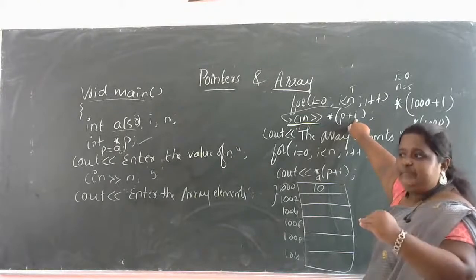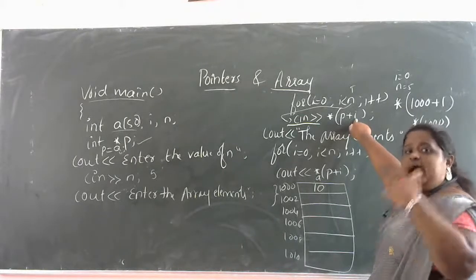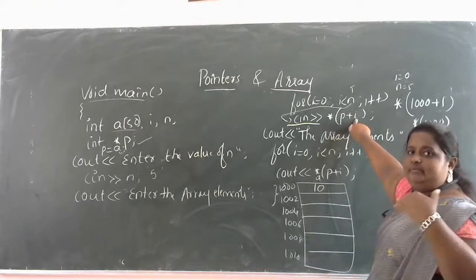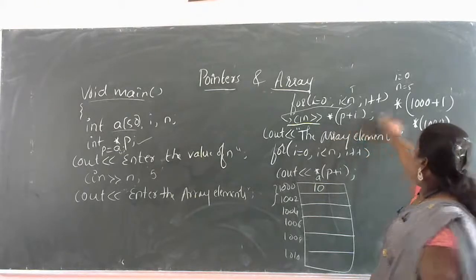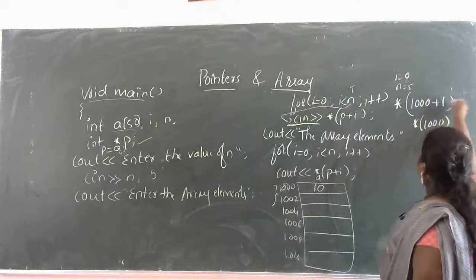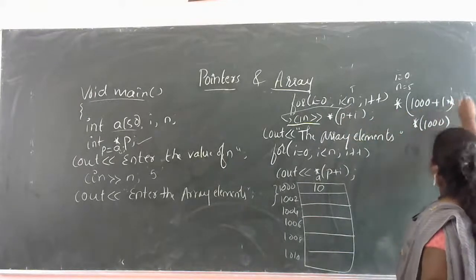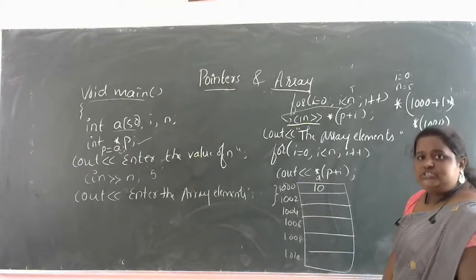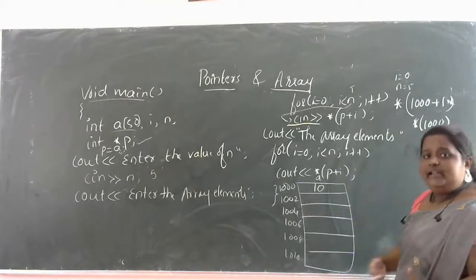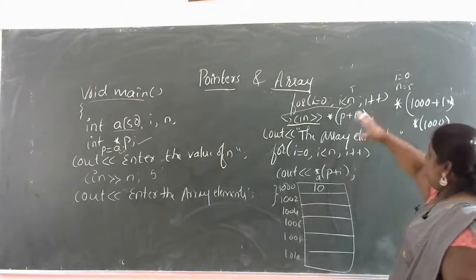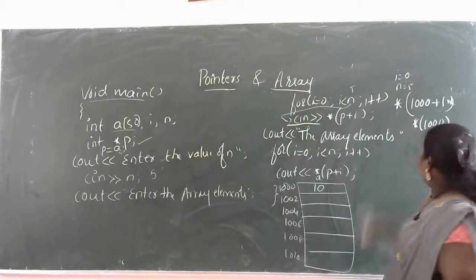Here 1 is multiplied with the size, that is 2. This is an internal operation, that is, the compiler automatically multiplies the size of your data type with i.